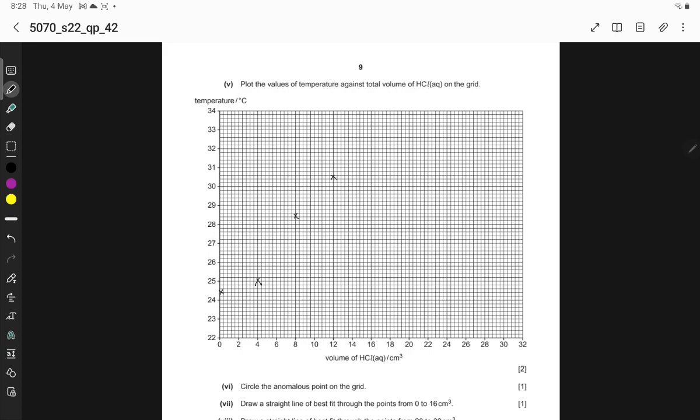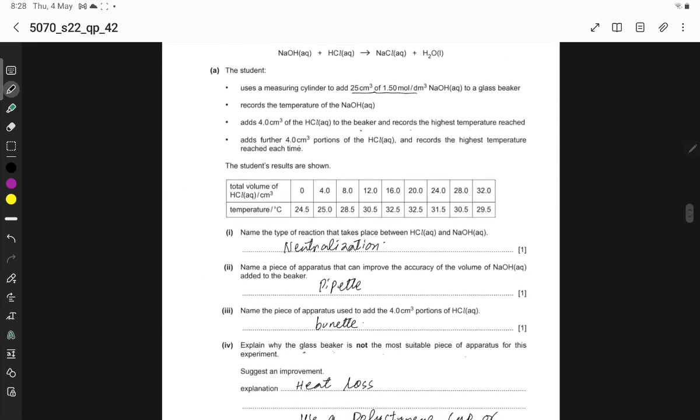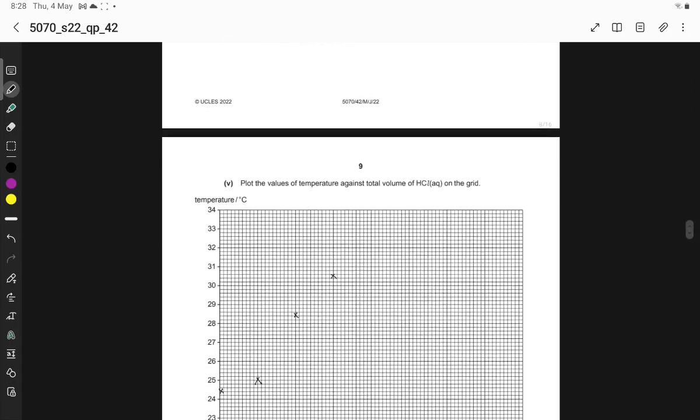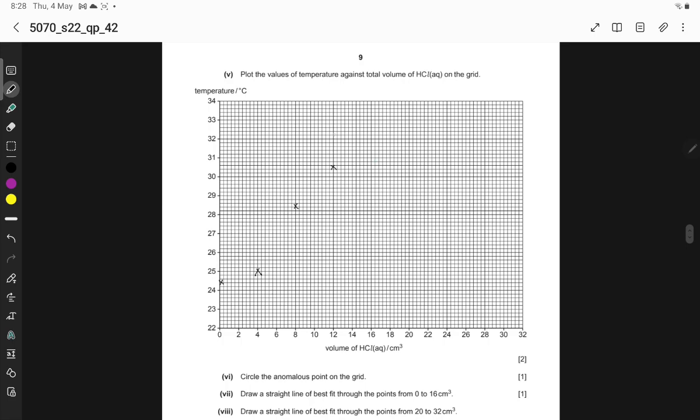This is 30.5. And at 16, 32.5. This is 32.5.